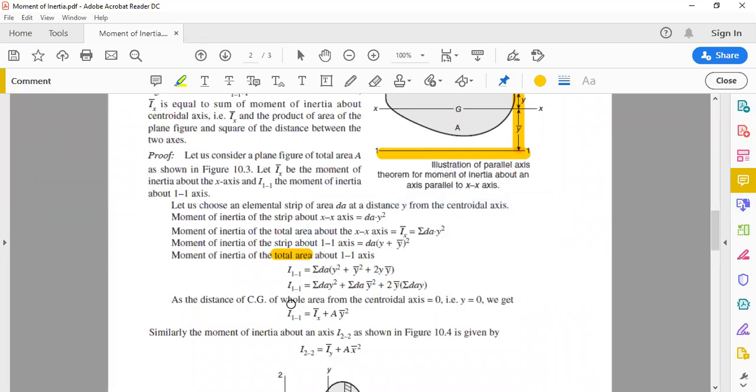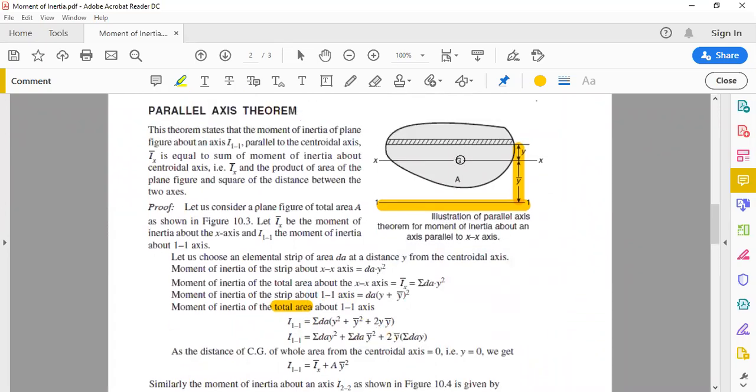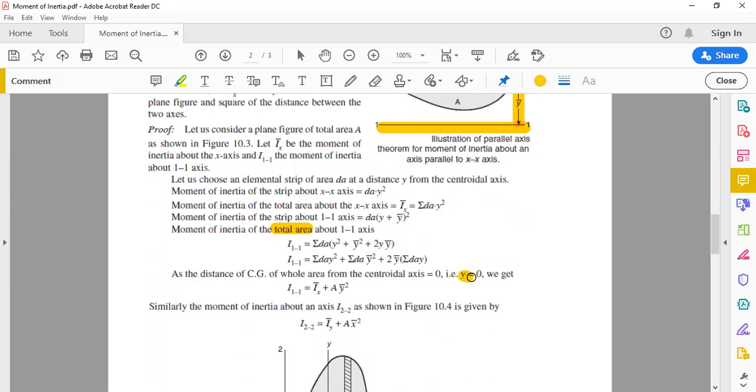Now in the next step, if you see this axis xx and the centroid of the area, since both are coinciding, the term y will be equal to 0. I repeat, since the axis xx and cg of the figure are coinciding, therefore y is equal to 0.